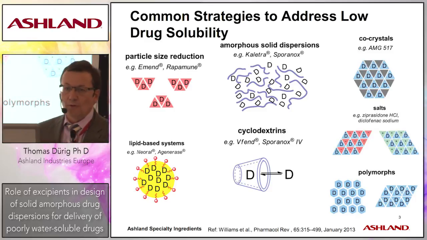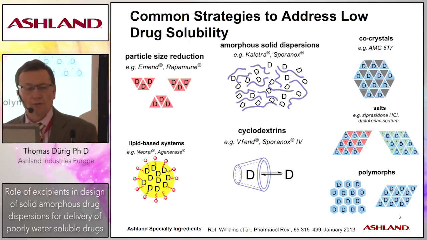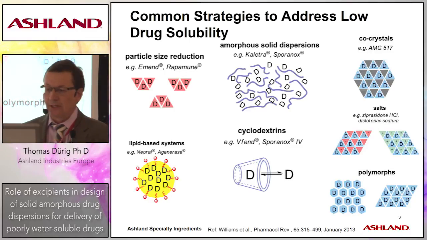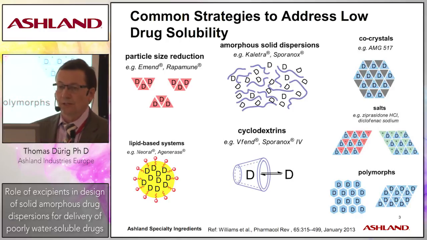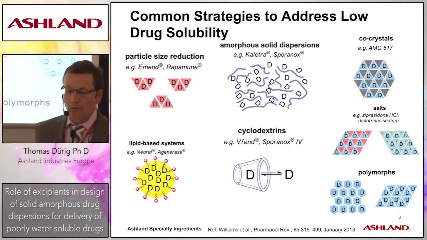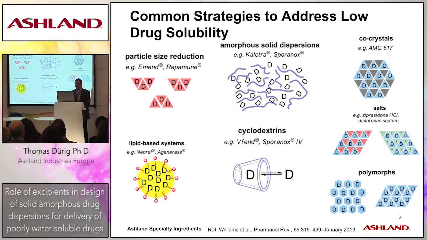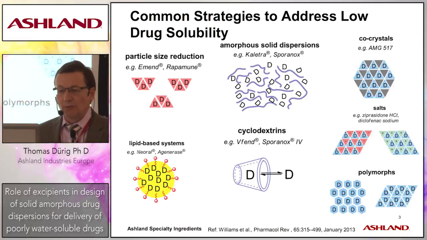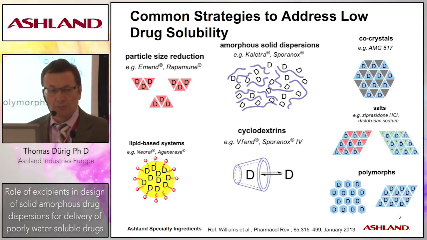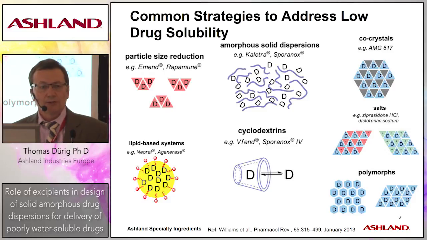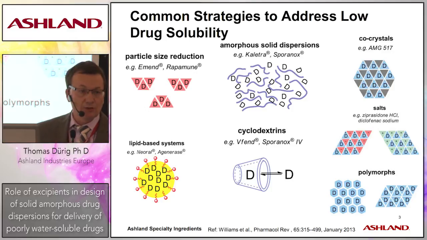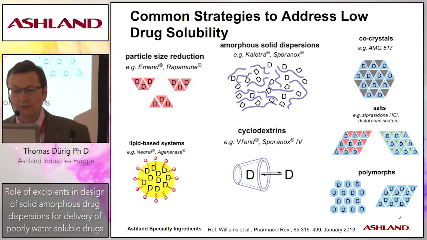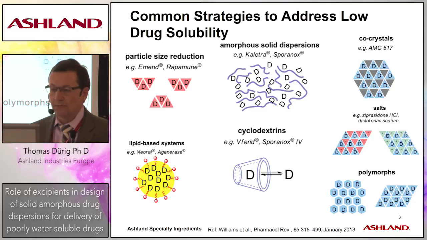Cyclodextrins being a very notable category there. And then, of course, one can also look at modifying solubility with approaches such as salt selection, as well as selecting specific crystal forms, polymorphism. But amongst all of these types of approaches, our topic today will mainly focus on the amorphous solid dispersions, which are clearly an area of burgeoning and growing interest and commercialization in the pharmaceutical industry for this kind of problem.